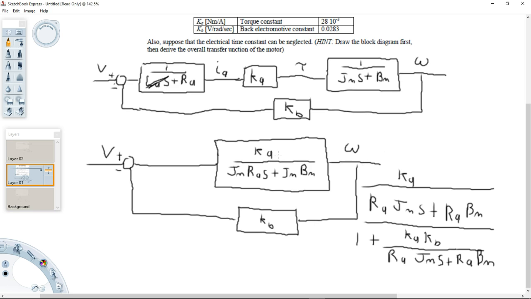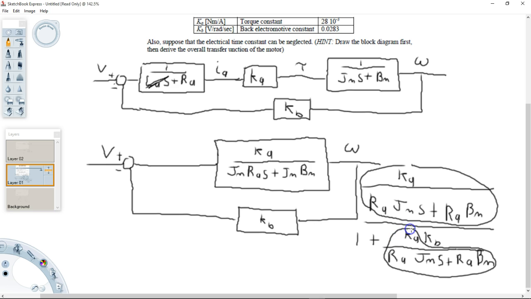However, you take this number, and if you have a feedback system where this is a negative sign, this will be 1 plus the same exact thing, whatever this was on the bottom here. So you can see that this transfer function that was in this block is the same exact thing that's right here.